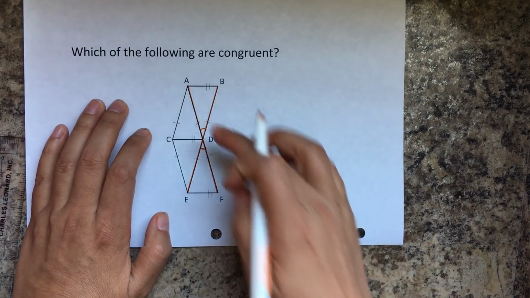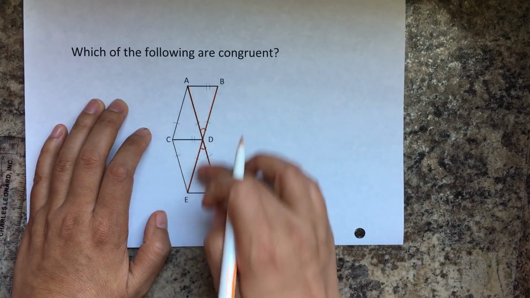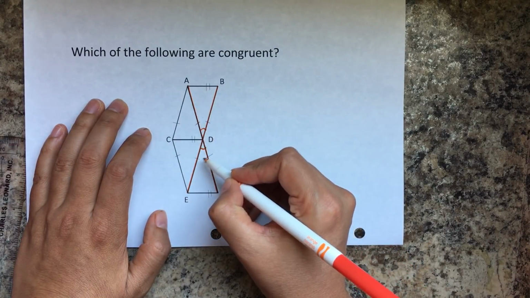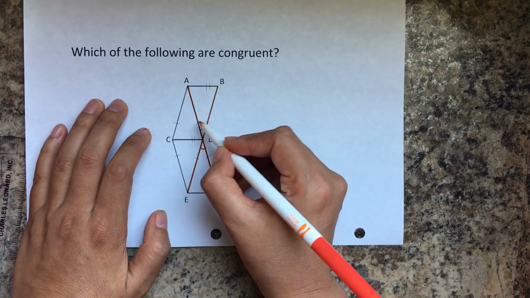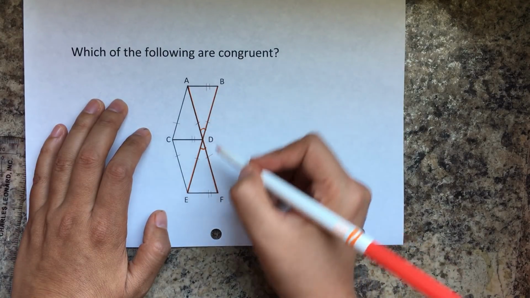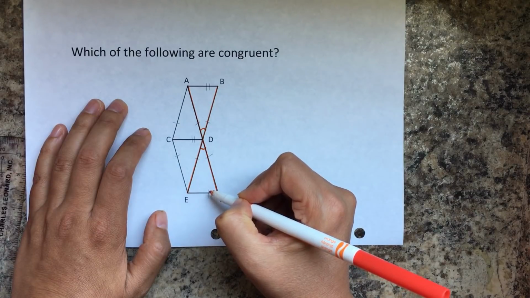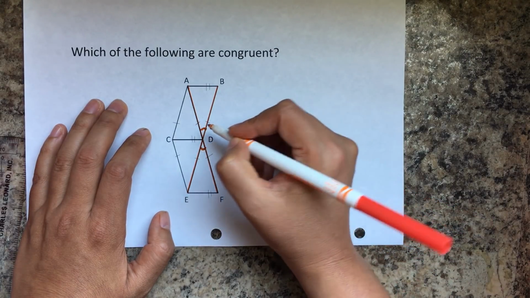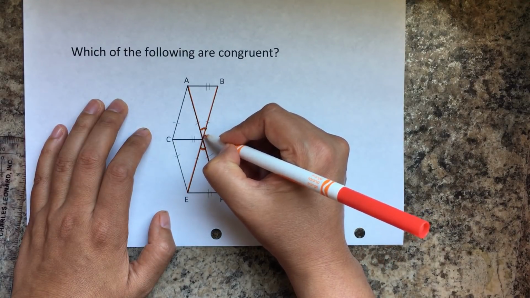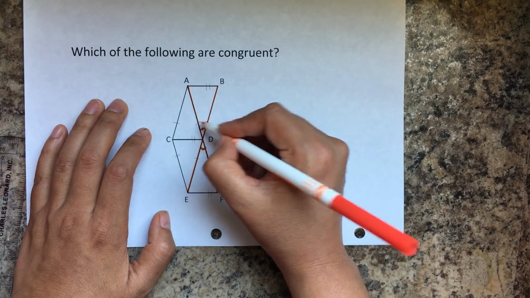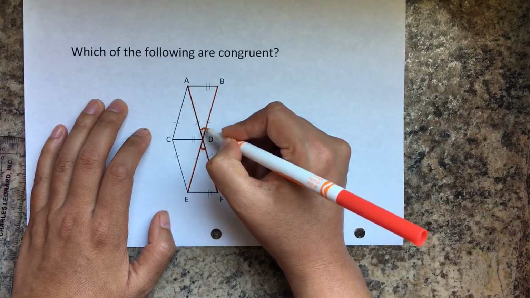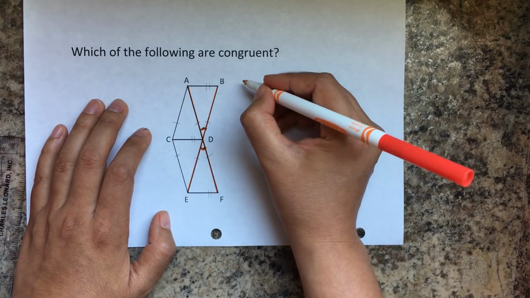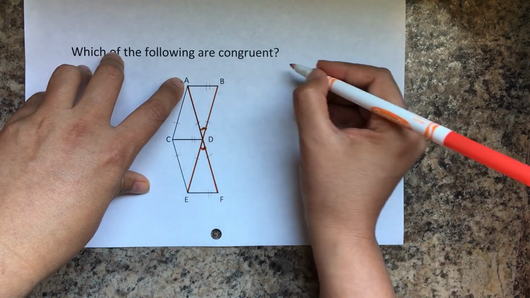And so we can say that these two triangles are congruent by the side, because they have one marking and two markings. But then we can also say that they can be by side, angle, side, because they have two sides that are congruent to two sides, and the angle in the middle as well. So let's create a statement here.